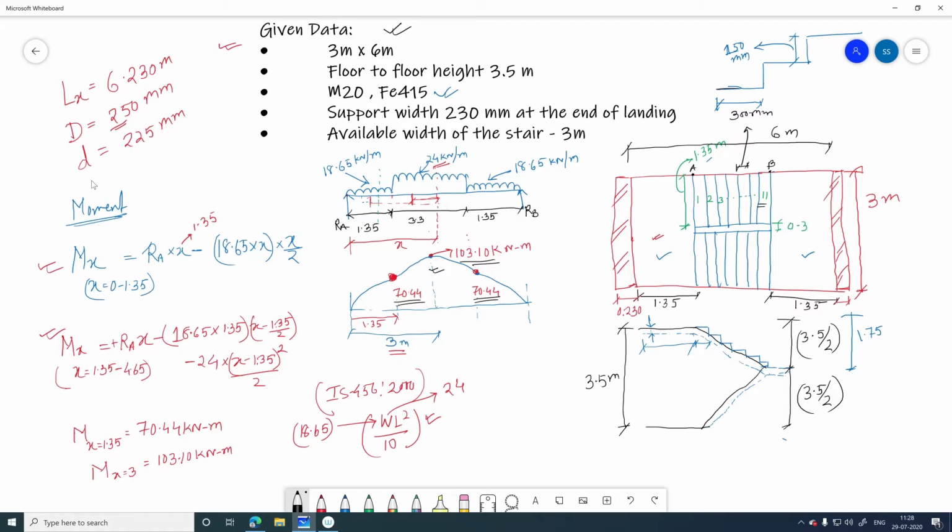First, write here the maximum moment, which is at the waist slab. It is 103.10 kilonewton meter. Okay, so let's remove this.